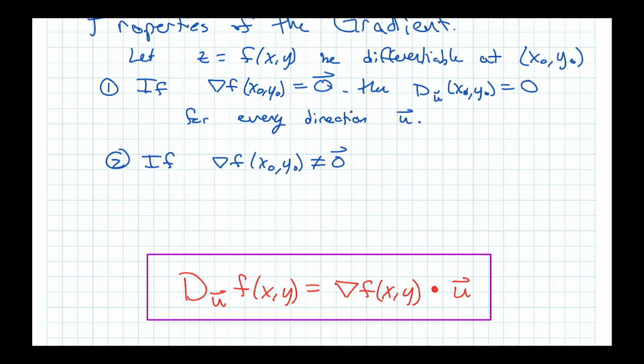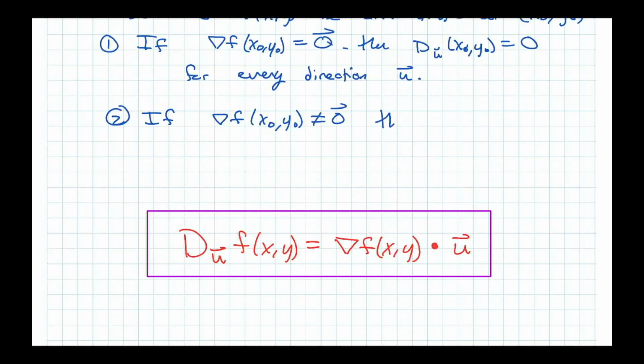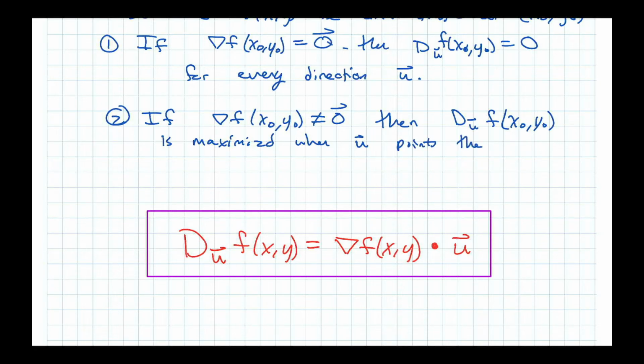Then all right, the directional derivative of f evaluated at x0, y0 is maximized when u points in the same direction as the gradient.